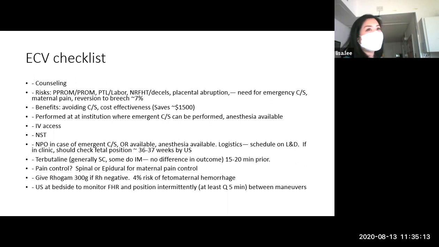Benefits are avoiding C-section and cost effectiveness. One study estimates that you'd save $1,500. And we talked about performing it at a place where you can perform an emergency C-section and anesthesia is available. She needs IV access. We do an NST before. We make sure she's NPO in case of C-section.